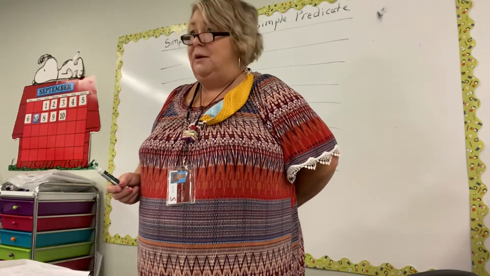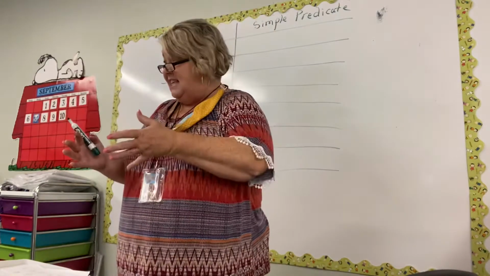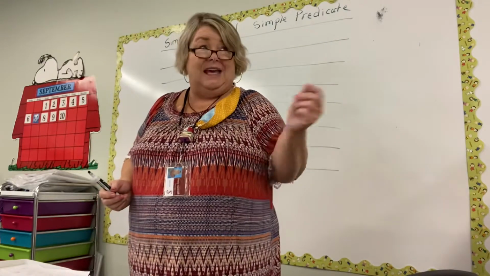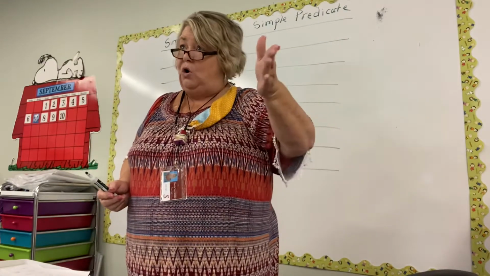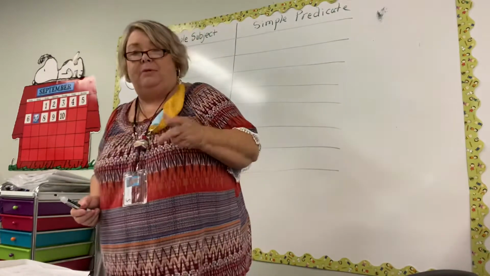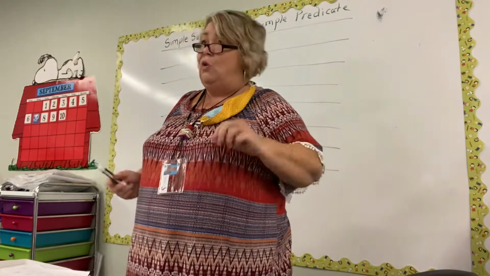Right. It's whatever the subject is doing if it's an action verb, or whatever the subject is if it's a linking verb. We talked about our linking verbs: is, am, are, was, were, and we'll get more into detail on those in our verb chapter coming up in a couple of weeks. But yes, the predicate part tells what the subject is doing or what the subject is.